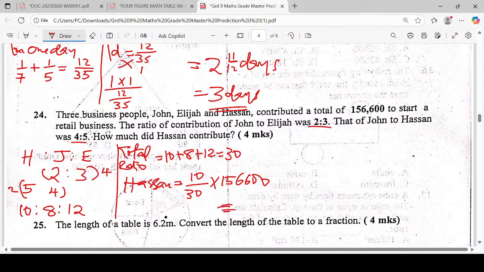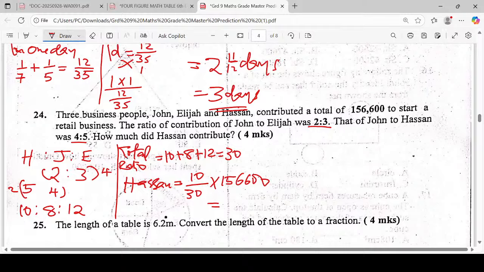Make sure to use your calculator in such computation. When you take 10 over 30 times 156,600, let me use my calculator for higher degree of accuracy.